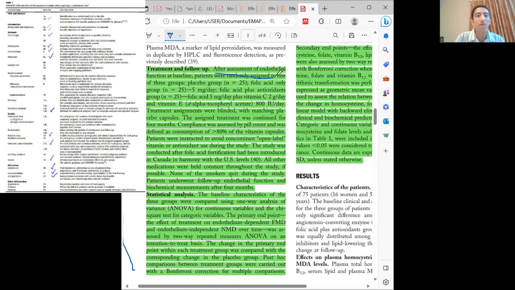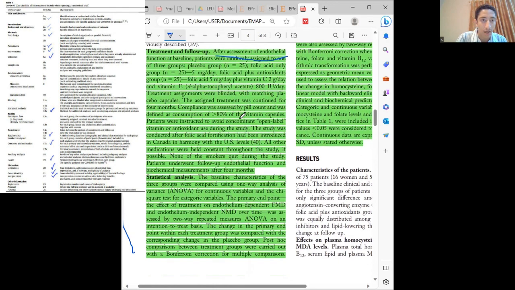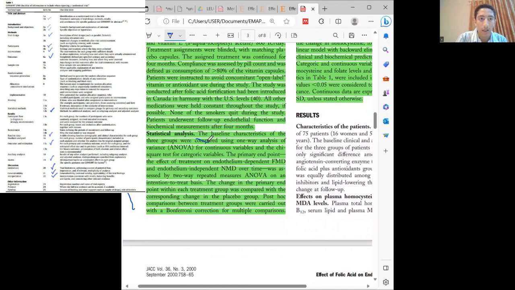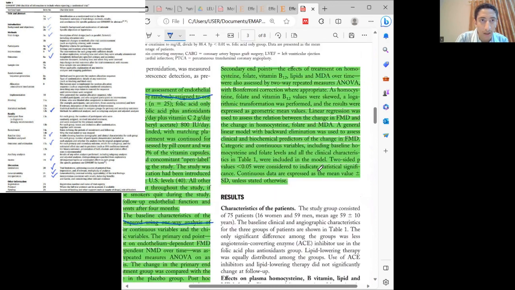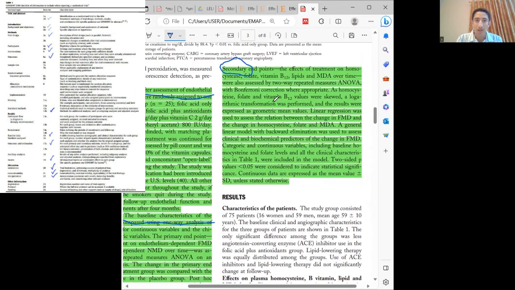After assessments of endothelial function and other variables, the baseline characteristics for the three groups were compared using one-way analysis of variance, and post hoc comparison between treatment groups was carried out with Bonferroni, and this is for the secondary outcome. This paragraph is number 6a.